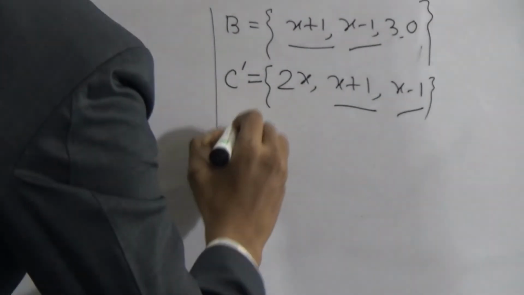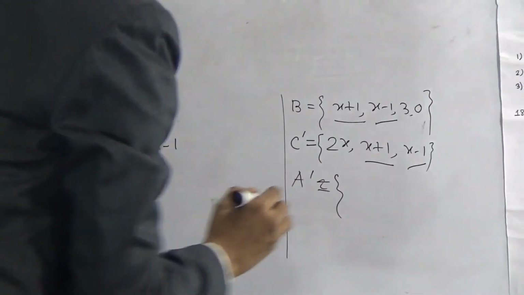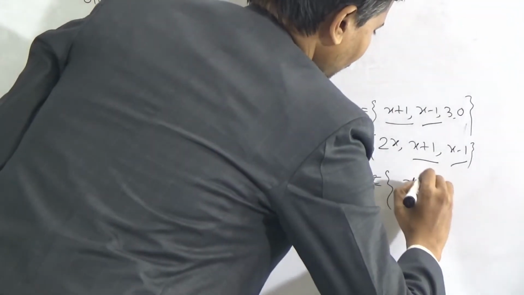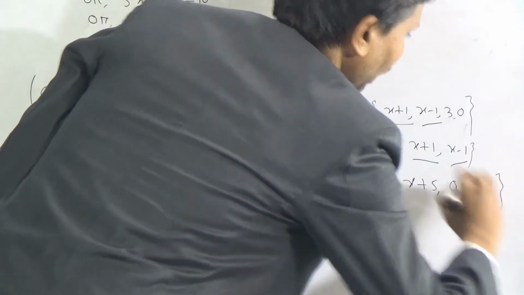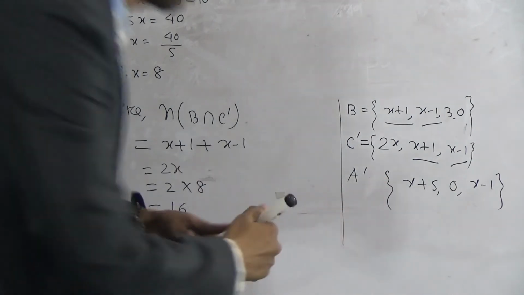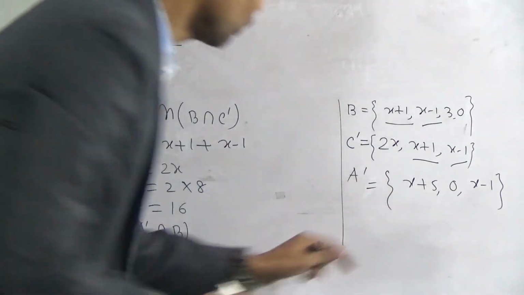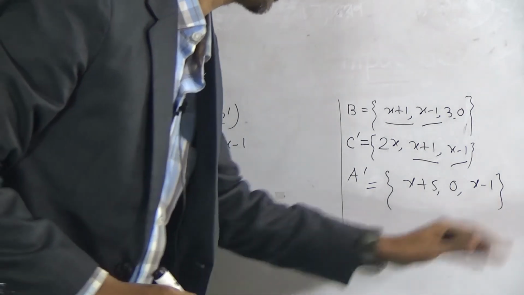So right here, A complement is equal to x plus 5, 0, x minus 1.